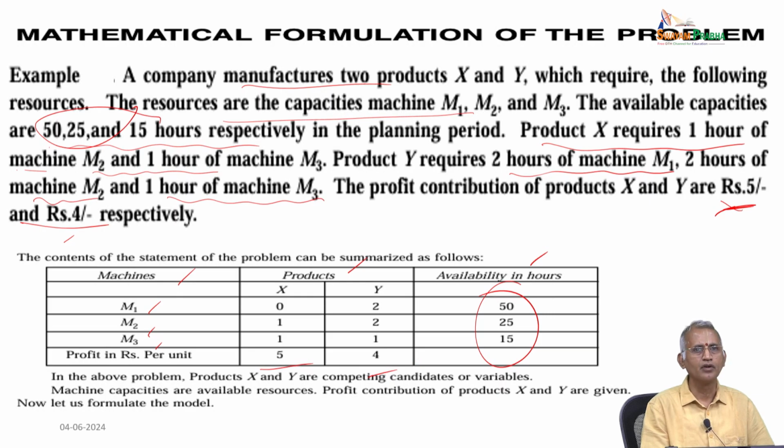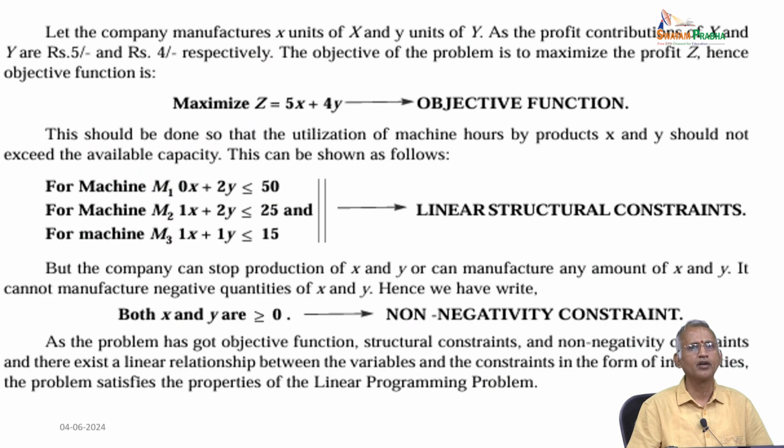So, the above example has X and Y as the competing candidate variables. The machine capacities are available, and the profit contributions of X and Y are given. So, let us formulate the model. Let the company manufacture x units of X and y units of Y, so that the profit contributions of X and Y are 5 and 4 respectively. Therefore, the objective is to maximize the profit Z equal to 5x plus 4y.